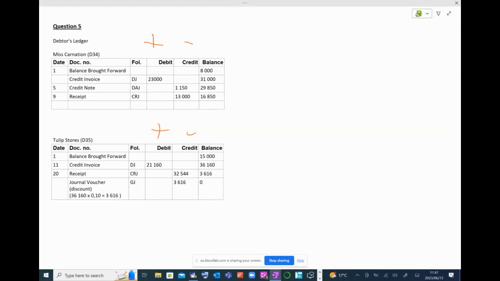Again, the same thing they did in 2021, they're now saying, make sure you know what transaction will result in us having a credit invoice. What transaction will result in us having a receipt. Folio, again, you must know which ones are affected.